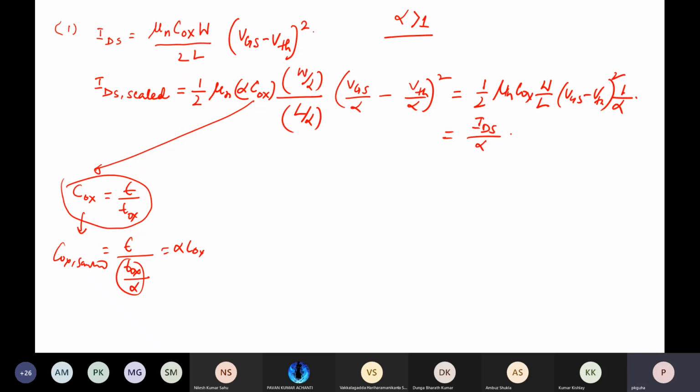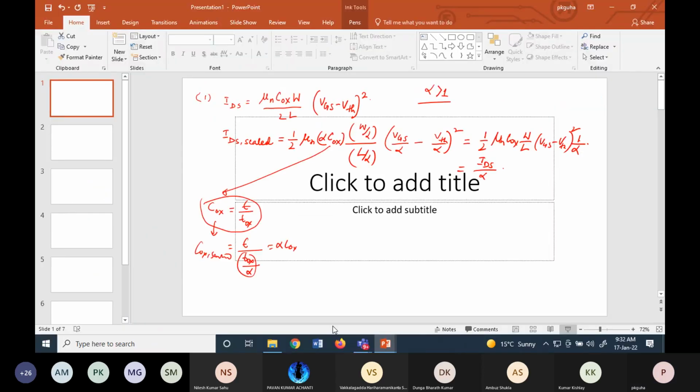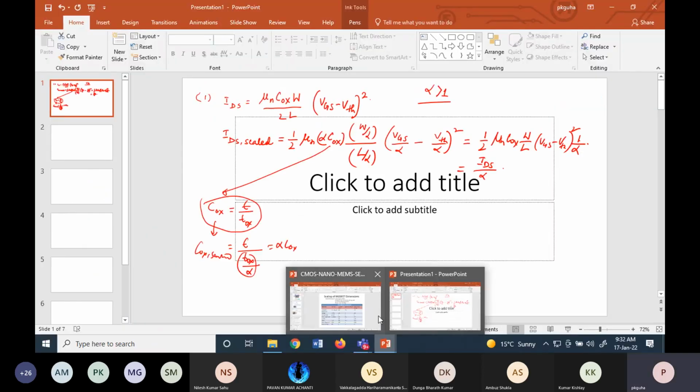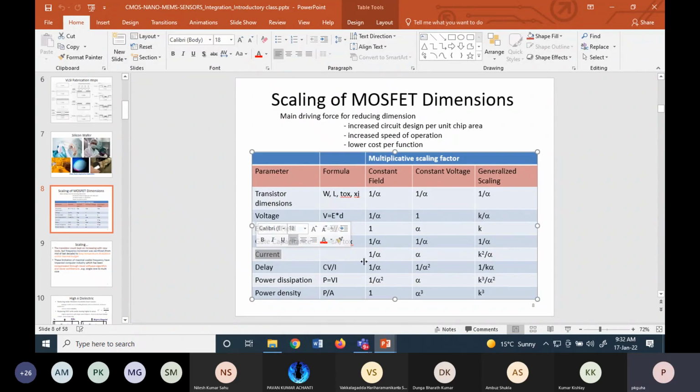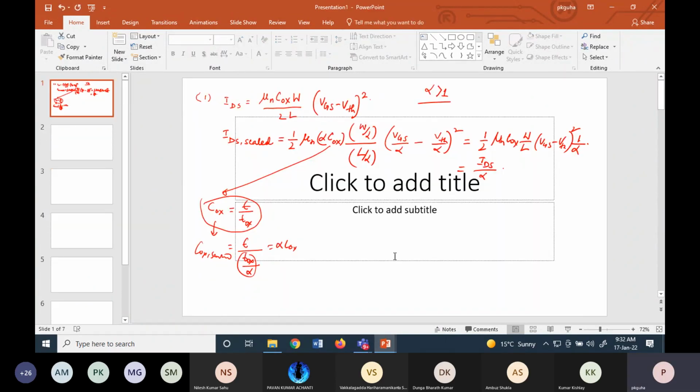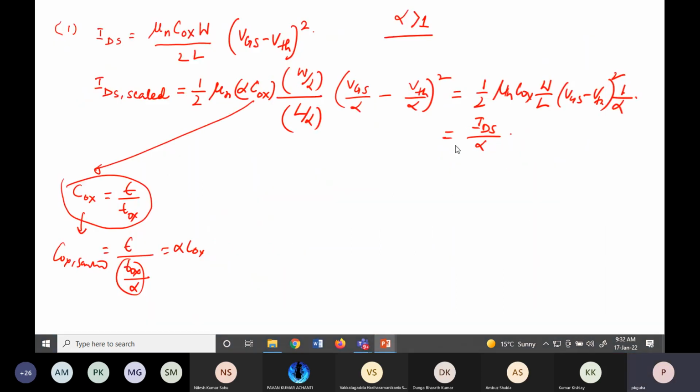That is what we have mentioned here. You see, in constant field scaling the current is reduced by alpha times. That is what I am showing here to you.